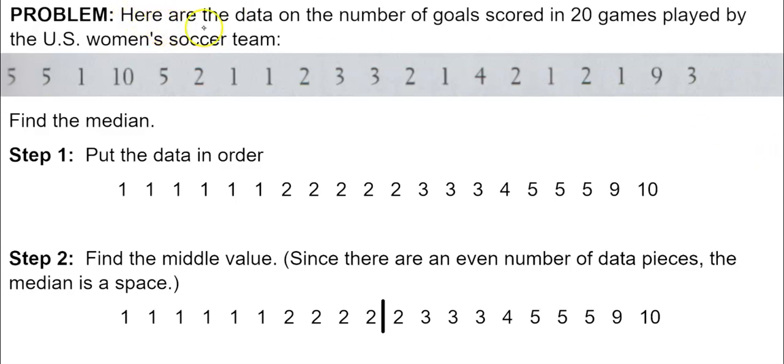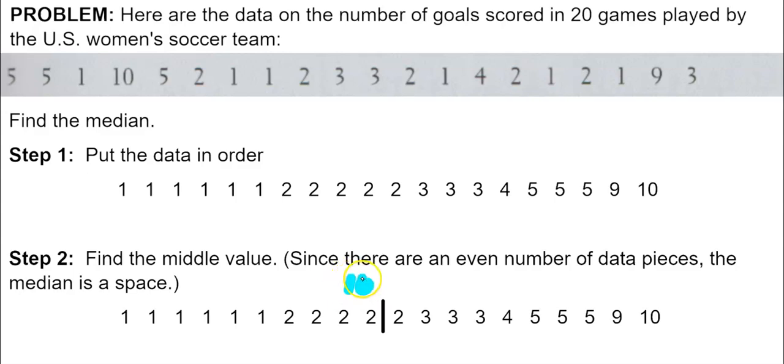Okay, so here are the data on the number of goals scored in the 20 games played by the U.S. women's soccer team. Let's find the median. So the first thing I do is I put the numbers in order. So here's all the 20 data pieces put into order. Now, since 20 is an even number, the median is going to be a space.